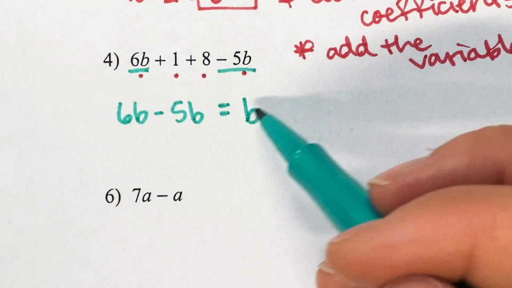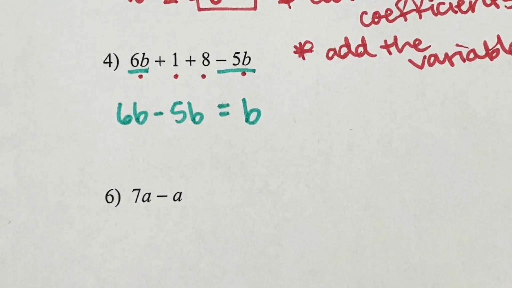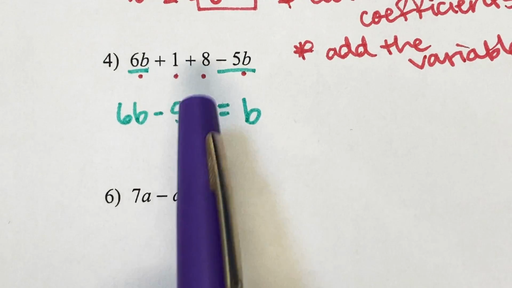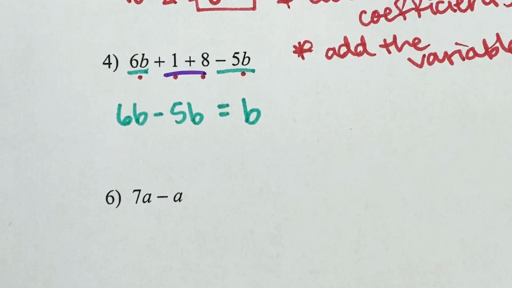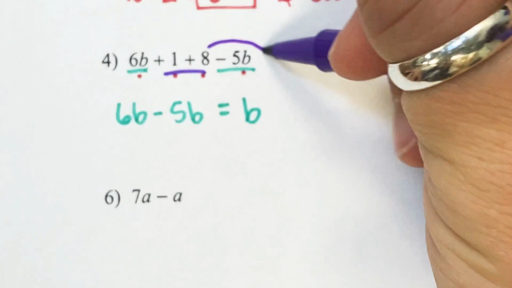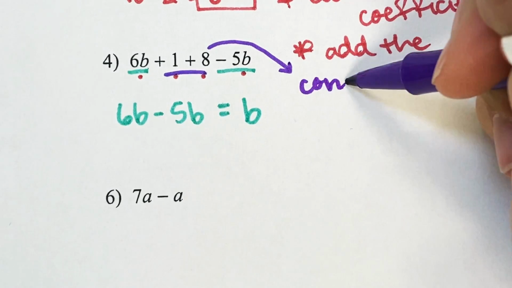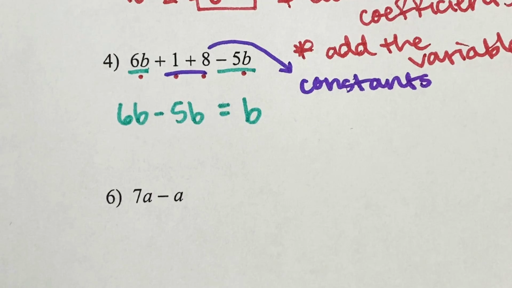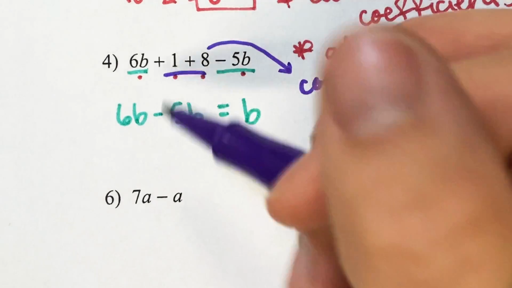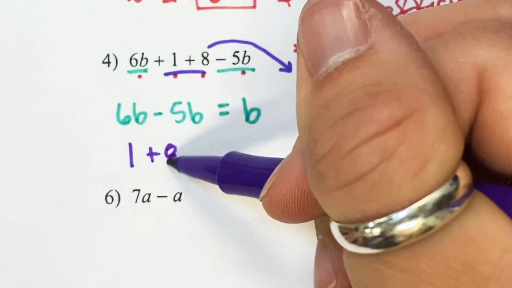So that's not our simplified answer, because what else do we have? Remember, what is that word for numbers that are all by themselves? It starts with a C. These guys. Those are constants, right? Those are just numbers that are all by themselves, constants. Well, now we can put those together. What's 1 plus 8?